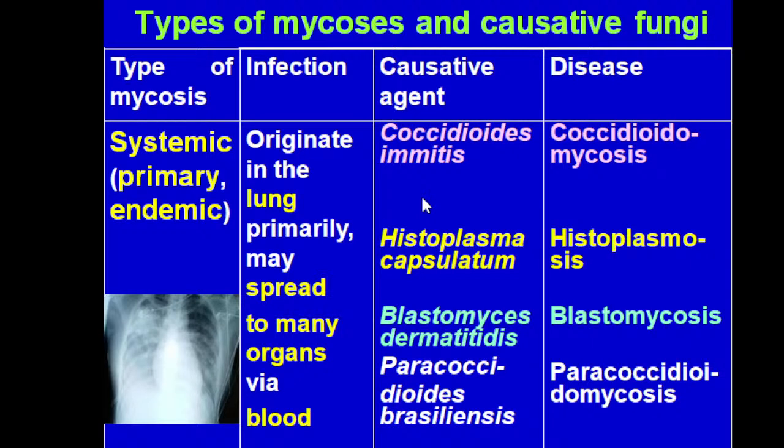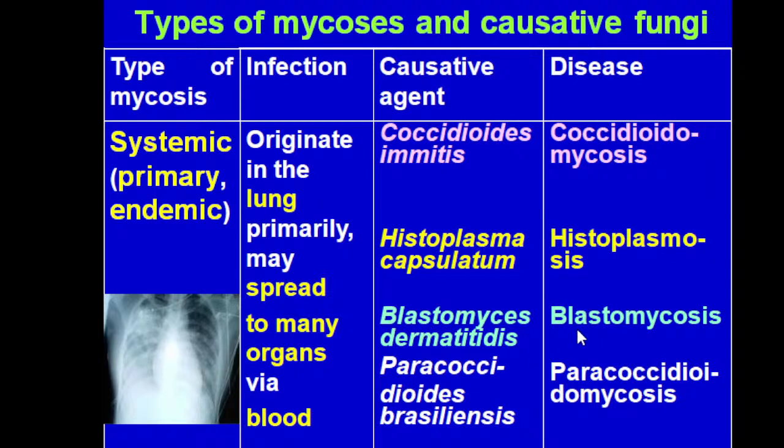In histoplasma, blastomyces, coccidioides, and paracoccidioides may cause these diseases that are called those mycoses by the name or genus name of the causative agent. For example, Histoplasma capsulatum, and the disease is histoplasmosis.